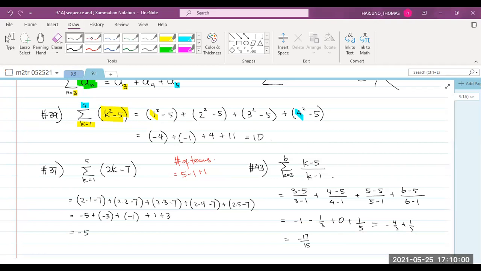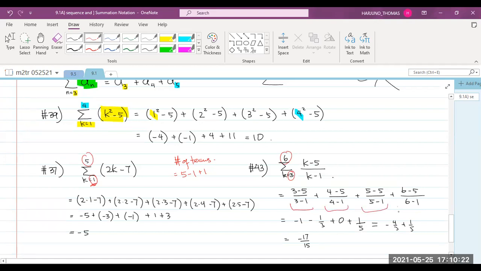Now, by the way, going back, the number of terms is the number on the top minus the number at the bottom plus 1. Because when you subtract 5 minus 1, that's the number of terms after the first term. Here, 6 minus 3 is 3, but we have 4 terms instead of only 3.